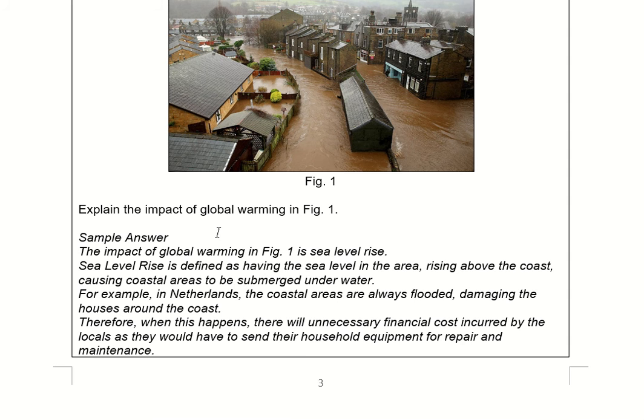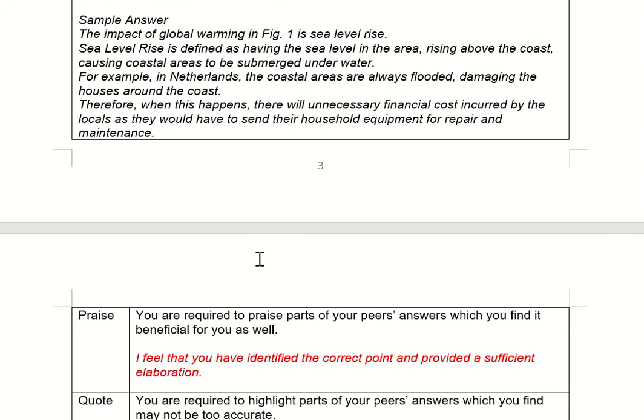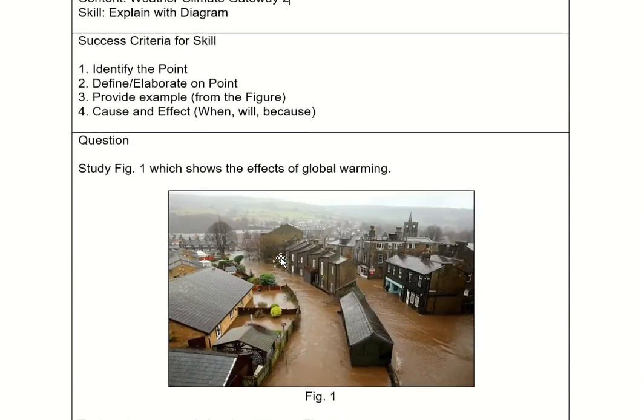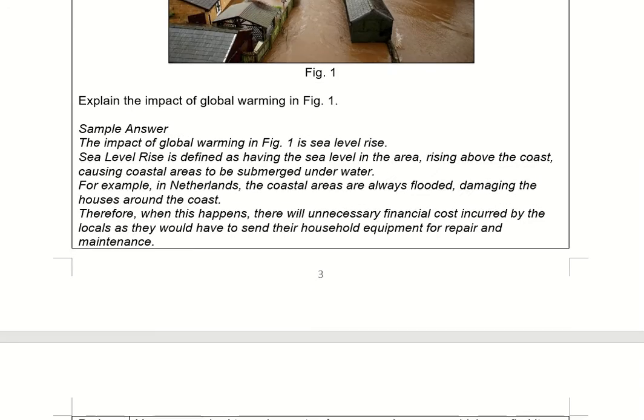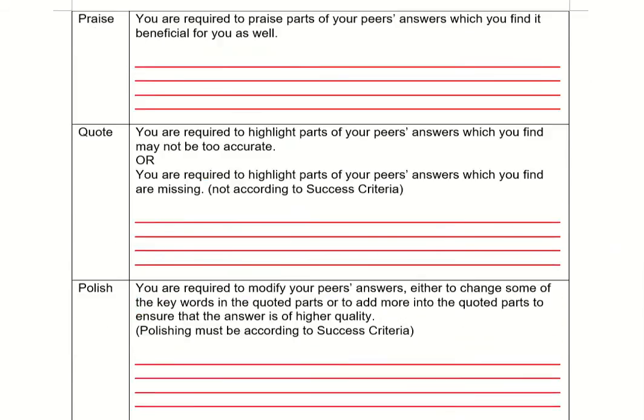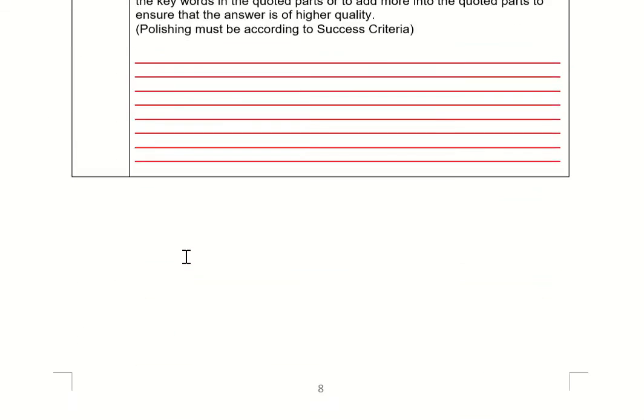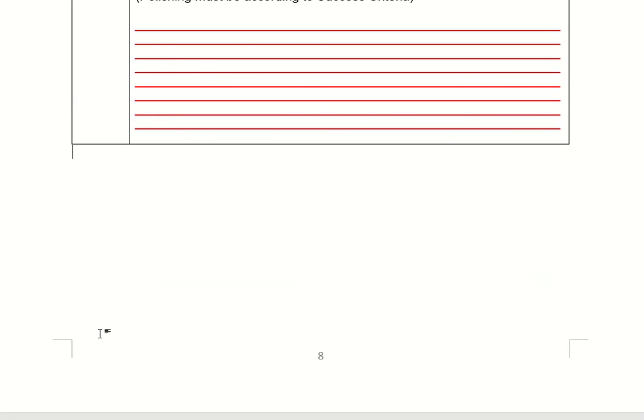My trick is that the first sample answer might be missing one success criterion, and then the other sample answer can be missing the second success criterion or have a wrong success criterion. Then the last sample answer can be missing the third success criterion or need to be modified. So for today, you just fill up after my geography I do, we do, you do. Just continue from here.